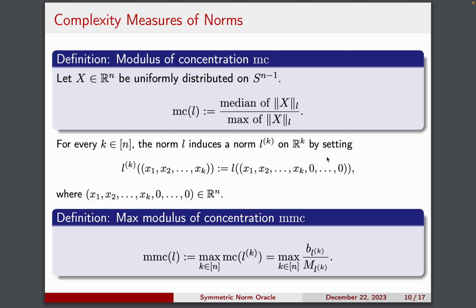We define MC of L to be the median of the L norm of X over the maximum of the L norm of X. For K a subset of [n], we define a norm L_K to be the L norm of X obtained by taking the first K supports and setting the rest of the entries to zero. Now we define the maximum modulus of concentration, which is the maximum modulus of concentration over all choices of K.